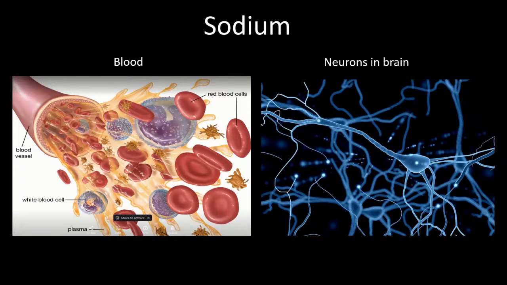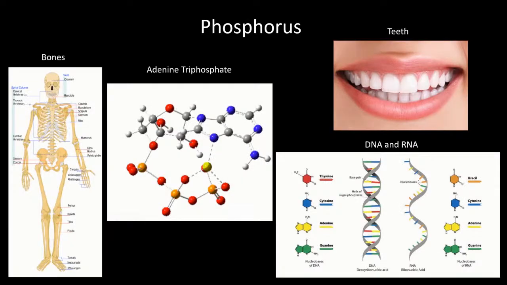Phosphorus is, after calcium, the most abundant mineral in the human body. Most of it is locked up in our bones and teeth, where it helps form a protective enamel layer. But a tiny bit of it is also so essential that life as we know it simply would not exist or function without it. Phosphorus is required by all known forms of life.